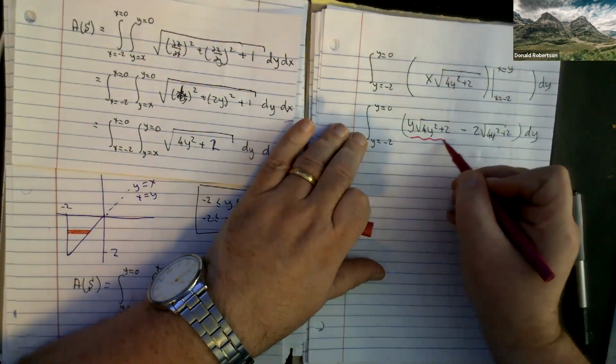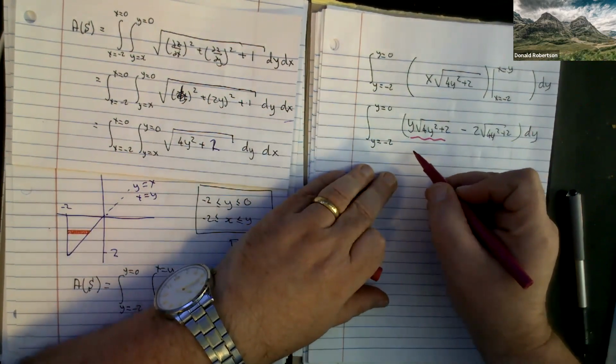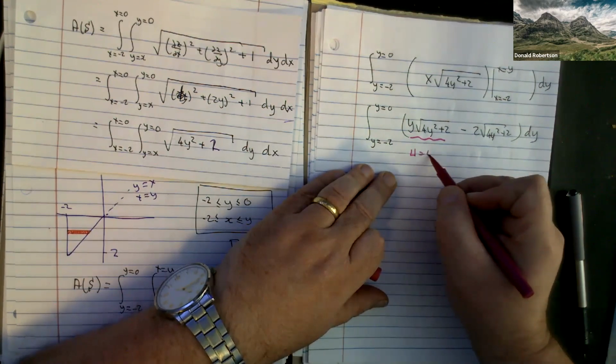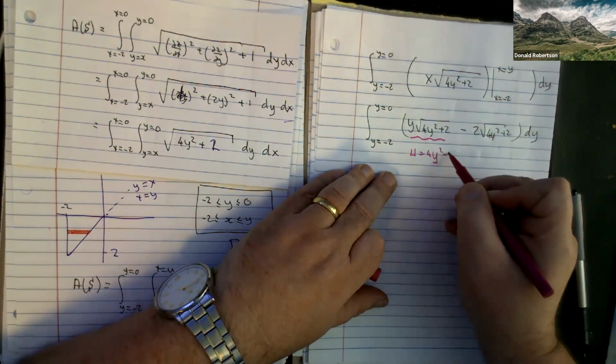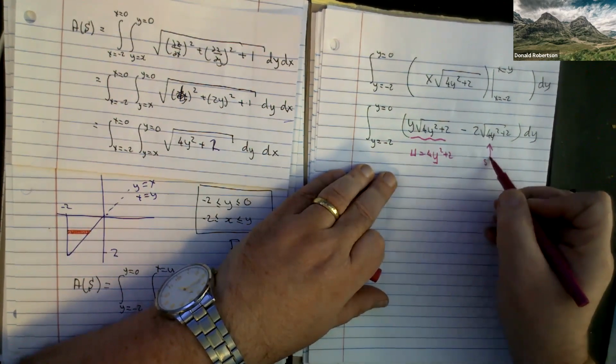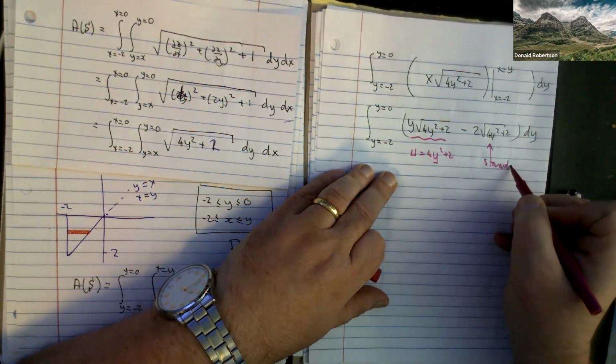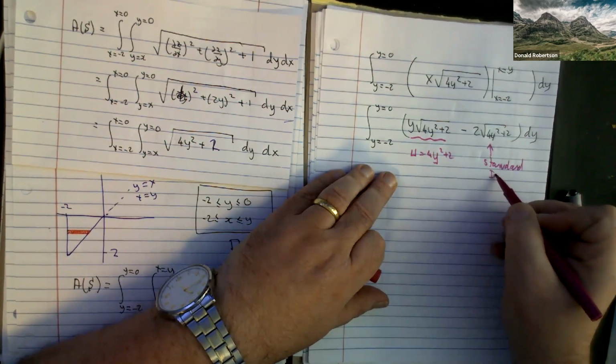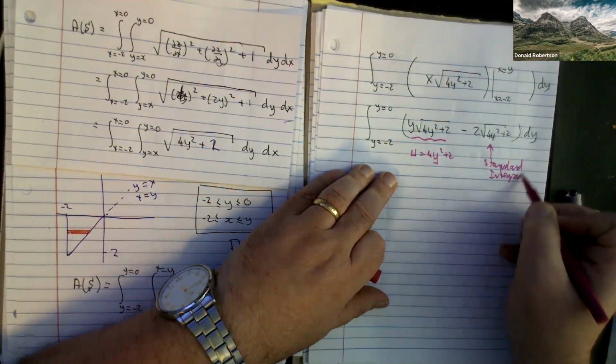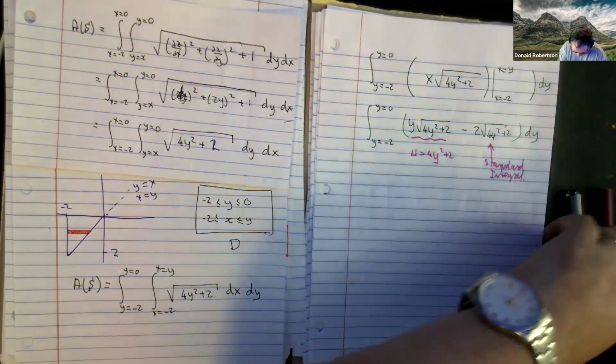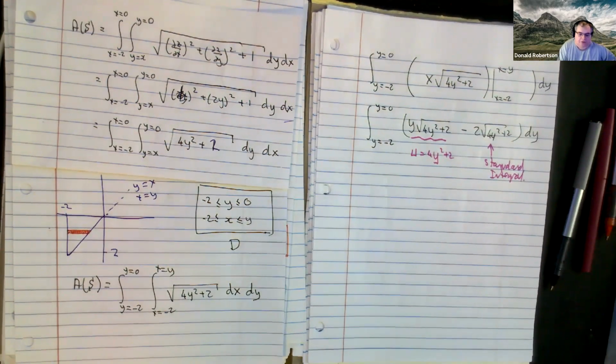If I'm going to do that guy, it's basically going to have to be a u sub. And to do that guy, it's going to have to be a standard integral. So that gives me a chance to show you what's going on.